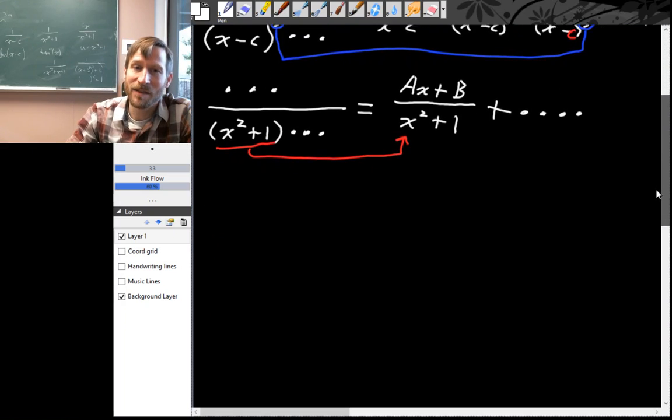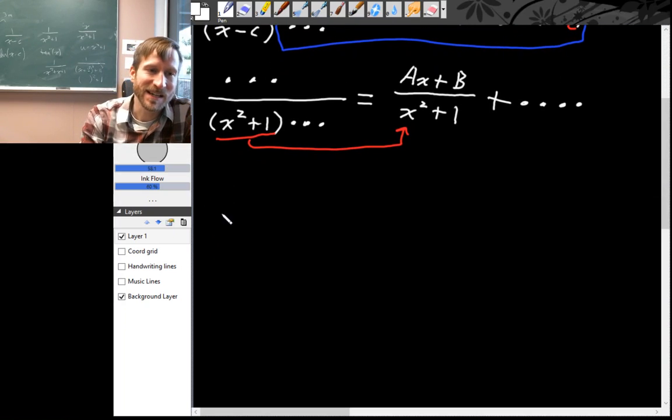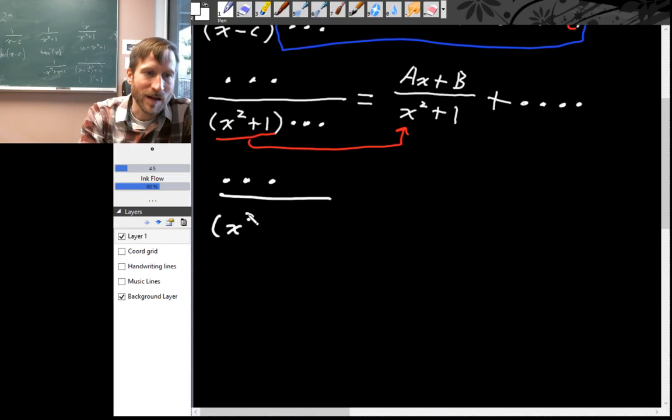The final possibility is that you end up with an irreducible quadratic, like x squared plus 1, to a larger power, so say squared.